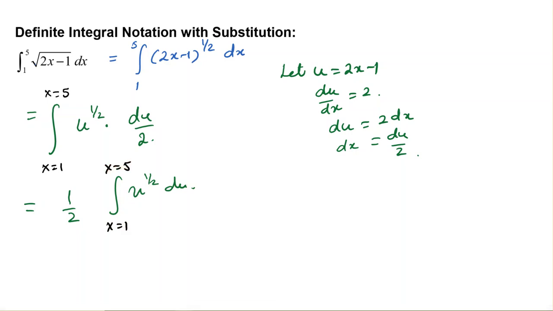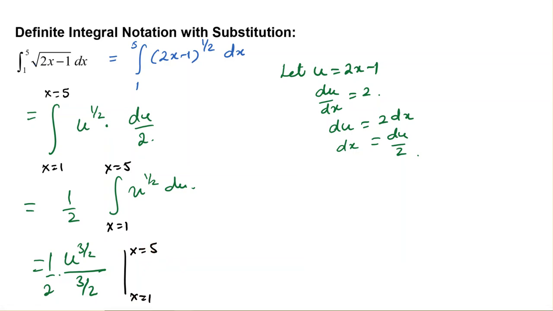The integral would be u raised to power 3 over 2: increase the power by 1, divide by the new power, and half was already there. We don't need plus c because this is a definite integral, and the values of integration are from x equals 1 to x equals 5.